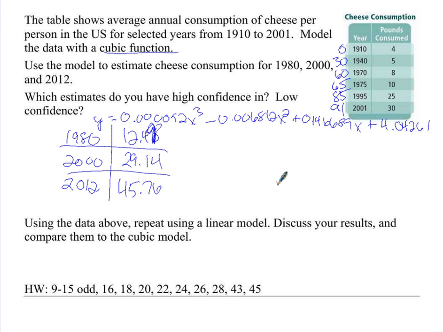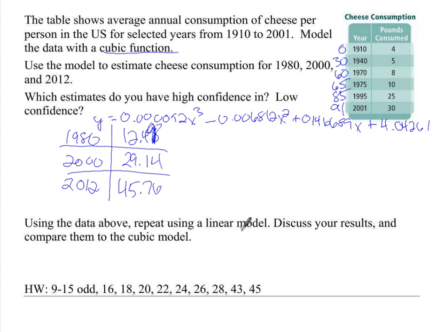So that is definitely an extrapolation, which is far away from my data. If this was like 2002, I'd have a pretty high confidence still. 2003, yeah, probably still. But once we get to like 2005, 2006, it's starting to fall apart. 2012, bad. This is low confidence here.